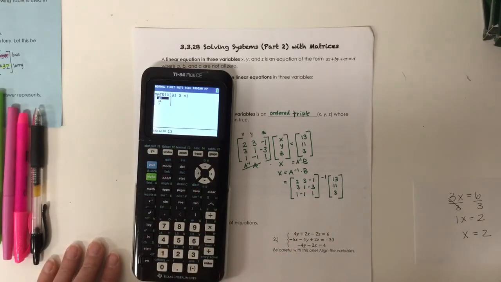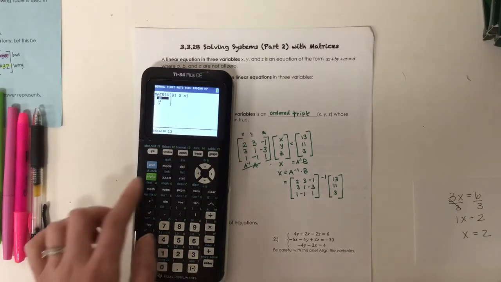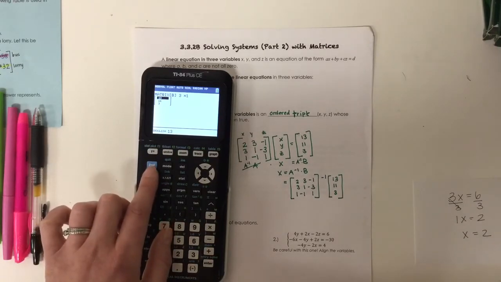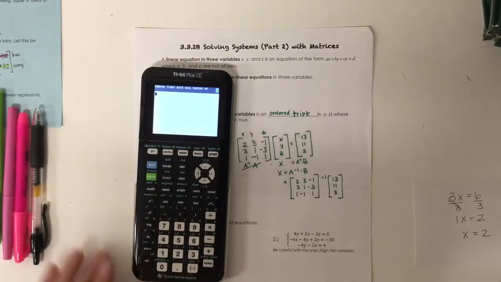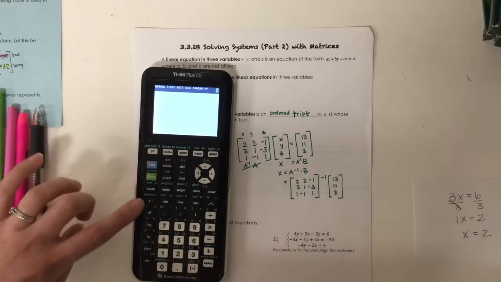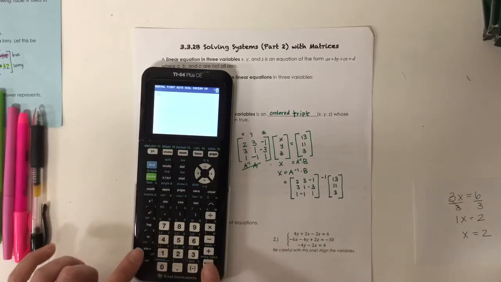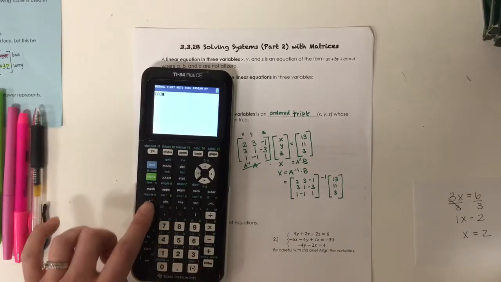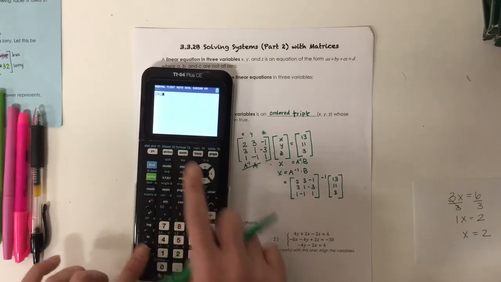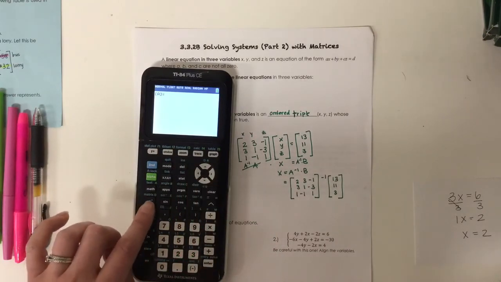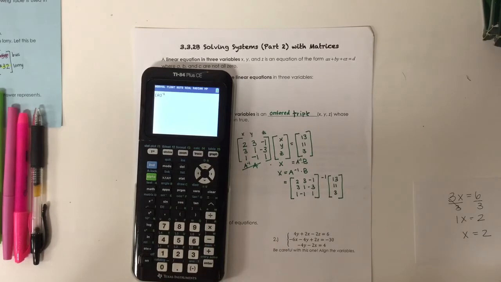Once you have matrix B entered, the way I get out of this is I hit second mode, and it brings you back to your original screen. So if you hit second, this x little -1, and press number 1 for matrix A, you can either do to the power of -1, or your other option is to hit just that key we've been using. It does the power of -1 for you.